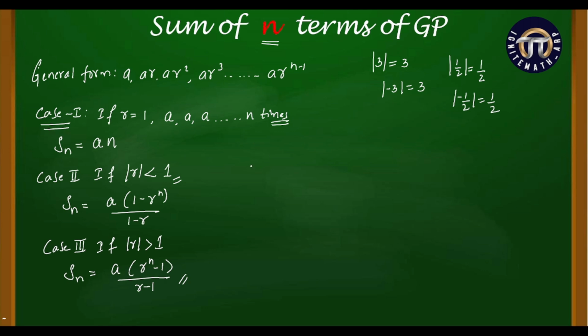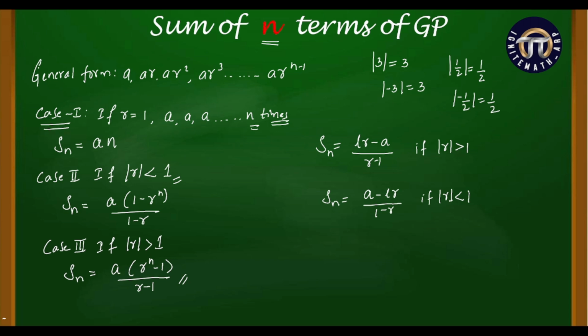Suppose I know the last term of the GP, that is the nth term, I can use one more formula. Sn is equal to LR minus A divided by R minus 1, if modulus of R is greater than 1. Also I can use the formula A minus LR by 1 minus R if modulus of R is smaller than 1.